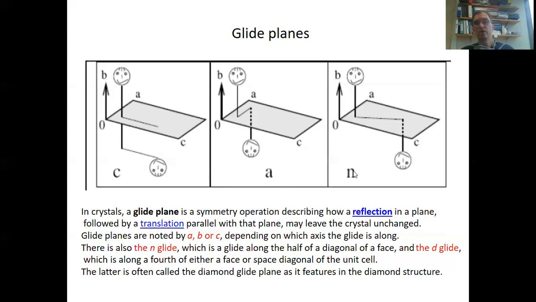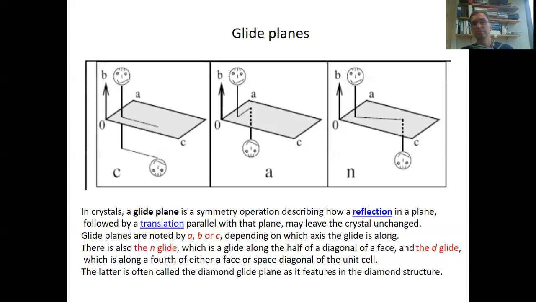So now, what is an N glide plane? When we have an N glide, that means that we glide along half of the diagonal of a face, and then we again reflect at that particular plane.